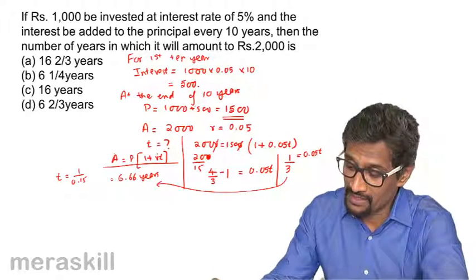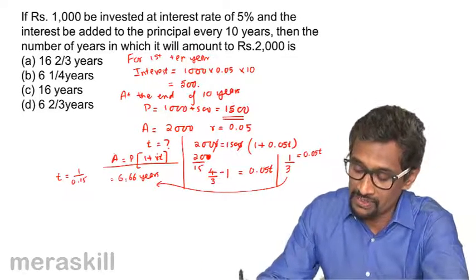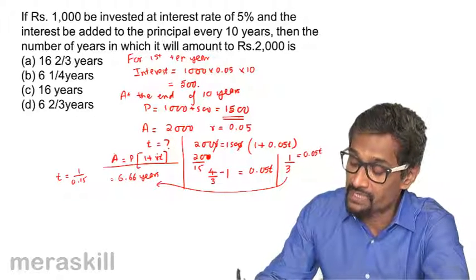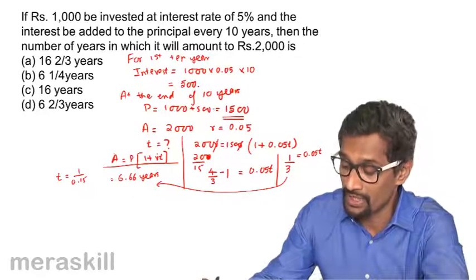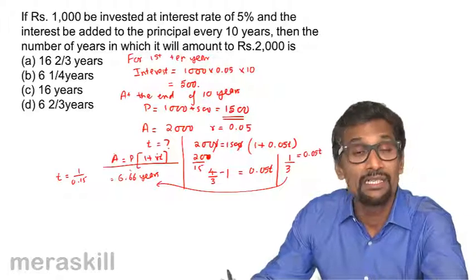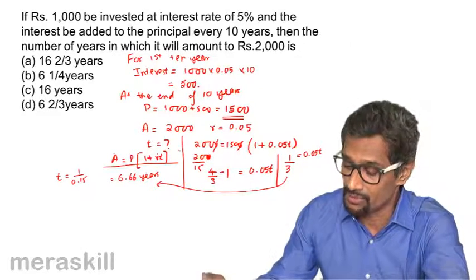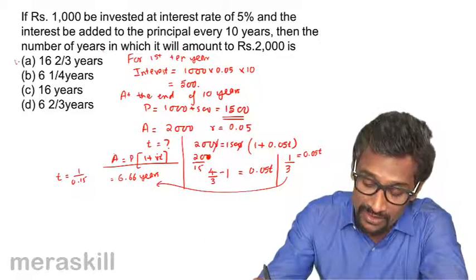So for the first 10 years, it becomes 1500. After another 6.66 years, it becomes 2000. So net, it is 10 plus 6.66, that is 16.66 years, which is the same as 16 and 2 by 3 years.